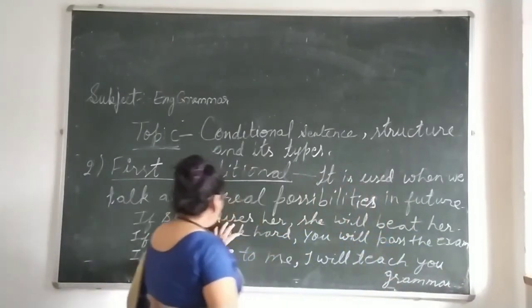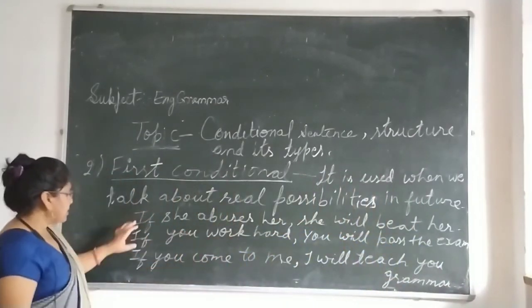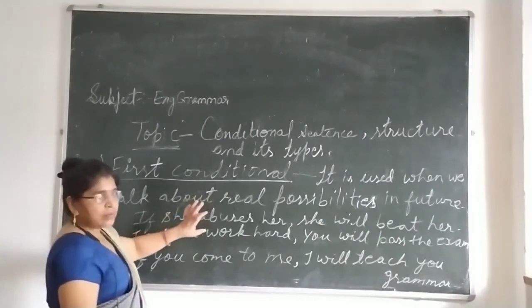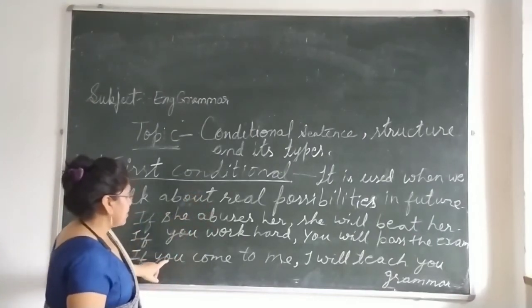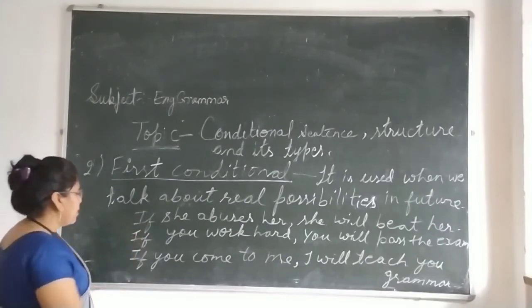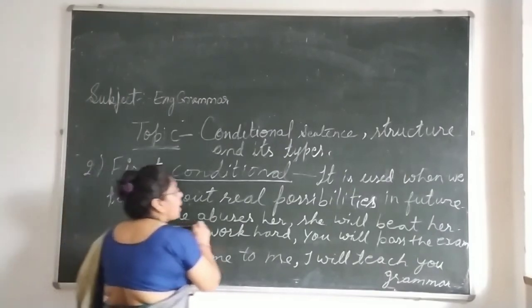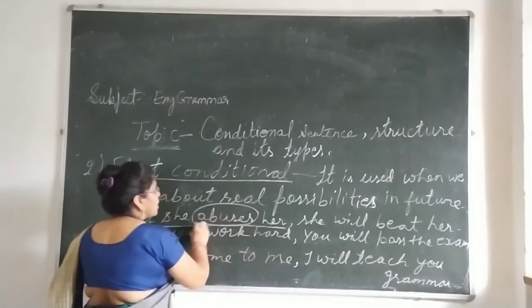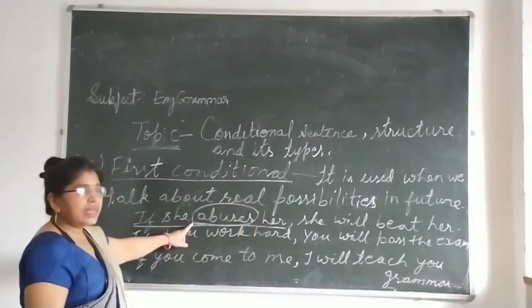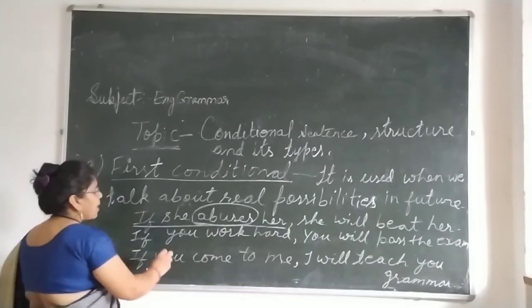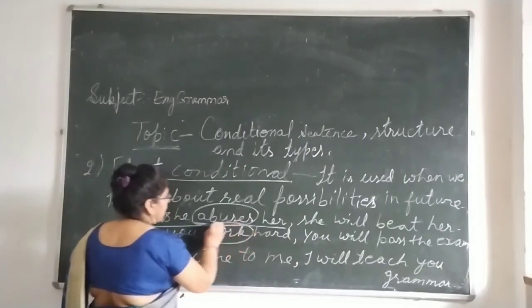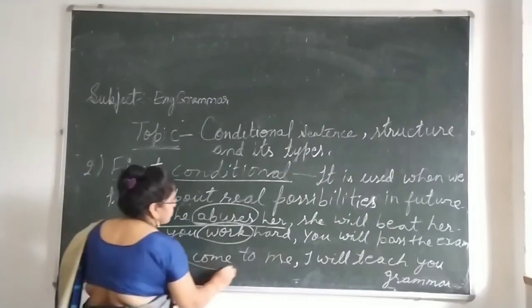Clear? Then what is happening in these three sentences? Come on, note it down. What is happening? Okay, I'll tell. See here. The conditional part of the sentence is in what tense? Present indefinite. Here in the second part also, second example also, in the third also.